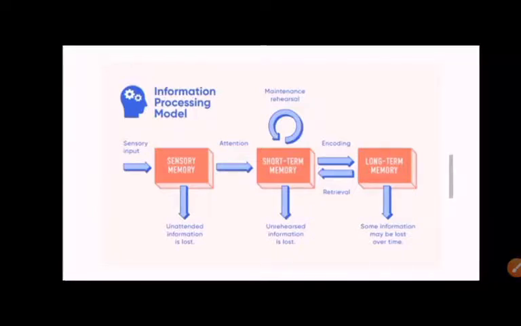To make short-term memory become long-term memory, we encode it by rehearsing and elaborating, and some of the information may be lost over time, and we can bring LTM back into our short-term memory by retrieval.